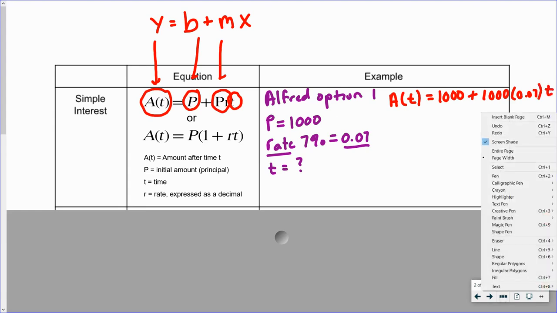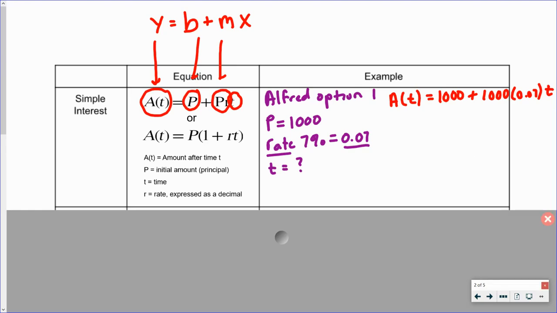If we simplify this down, you're going to start to see why this is actually a linear equation and why this all makes sense. 1,000 is the starting amount, plus 1,000 times 0.07 is 70. And if you look, that's the constant amount by which the account increases in value every single month.